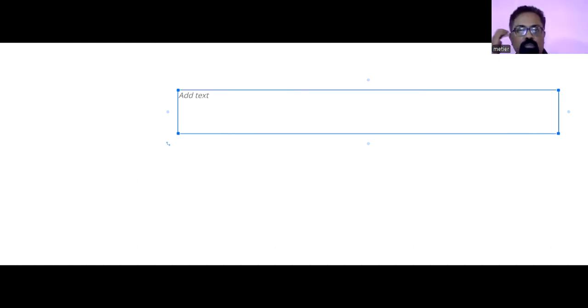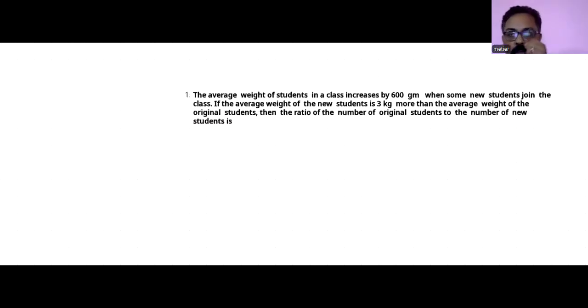Now this is the question. The average weight of students in a class increases by 600 grams. So what we are getting here, that the effect is coming here. Let me mark that.